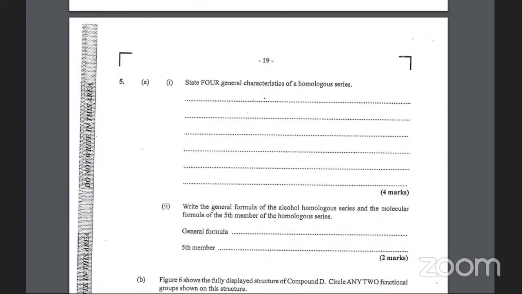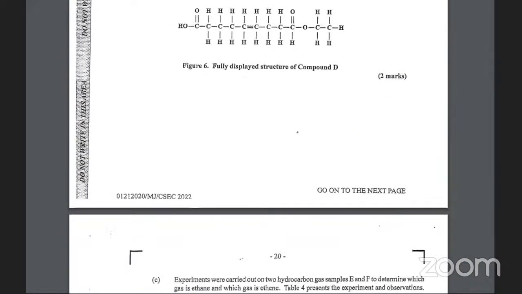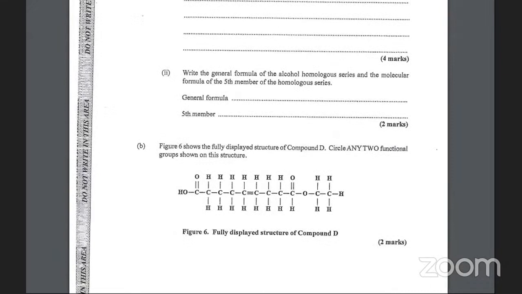Clear our drawings. And so here we have a compound. It says circle any 2 functional groups. The easiest functional group that students overlook is that of alkanes. I'm going to circle it first. Any carbon to carbon single bond, that's a functional group.